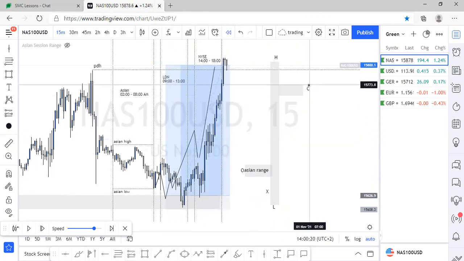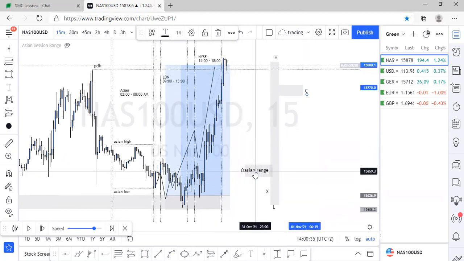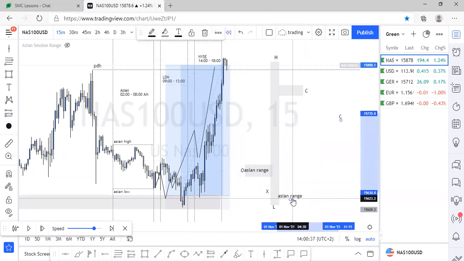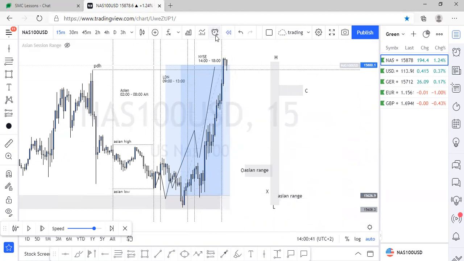So we close the day by the New York session, up until maybe 18 o'clock and above. We create the high of the day and then come to close price. I'll just say it's London manipulation.